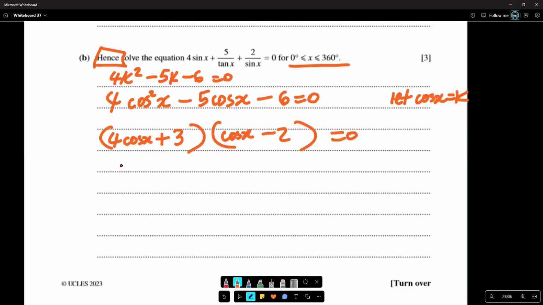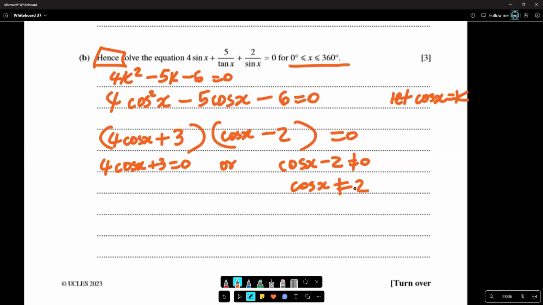Let's see. So this guy here will be 4 cos x plus 3 equals to 0, or cos x minus 2 equals to 0. Cos x, this one you're going to say is not equal to 2.